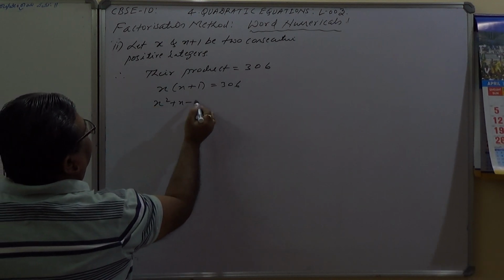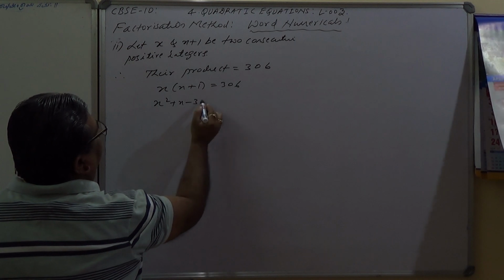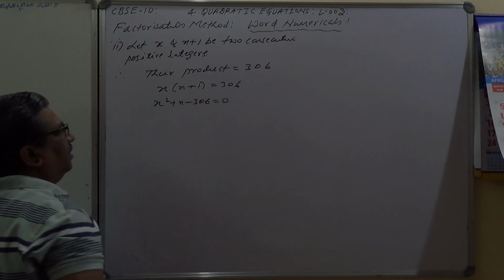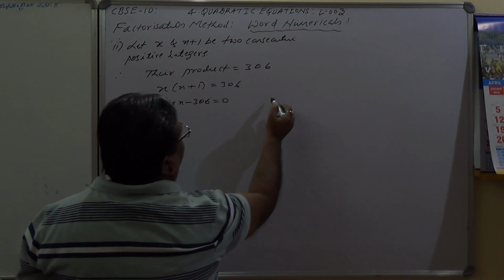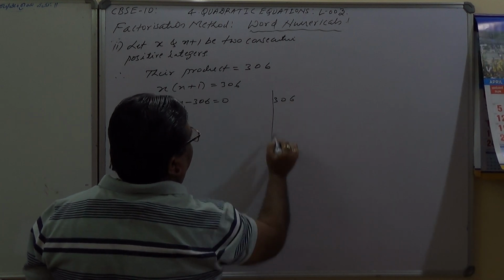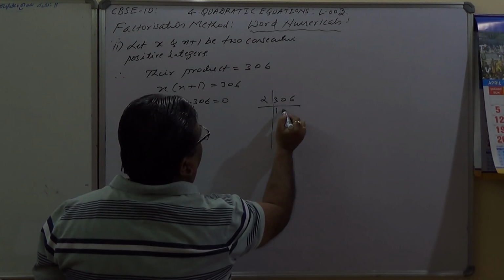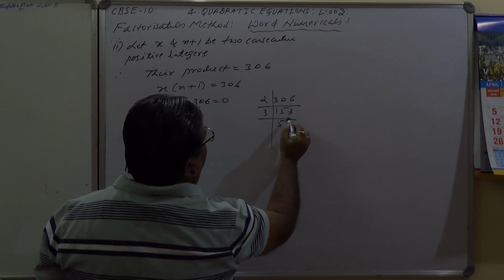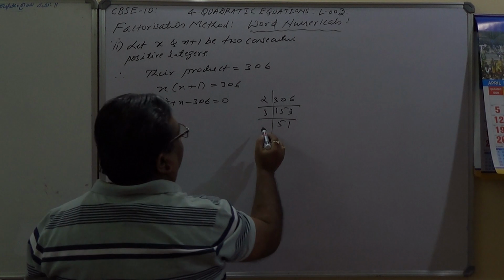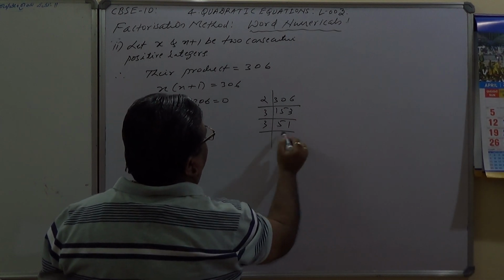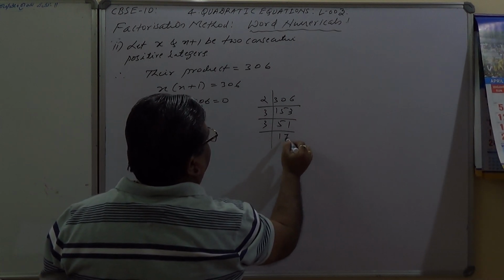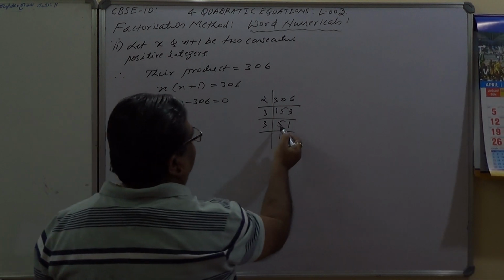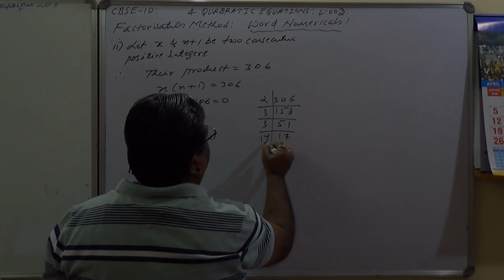x square plus x minus 306 equals 0. So let us factorize this 306. 3 1s are 3, 2 20, 3 7, which is 17.